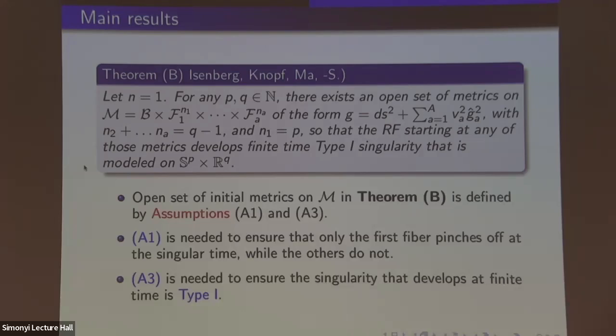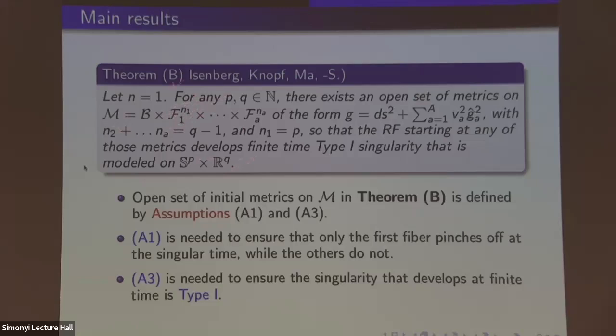So you see, here we have N2 plus up to Na is Q minus 1. And here we have Q R factors in the limit. And that happens because our assumption A1 ensures that this fiber pinches off. So what does this mean?